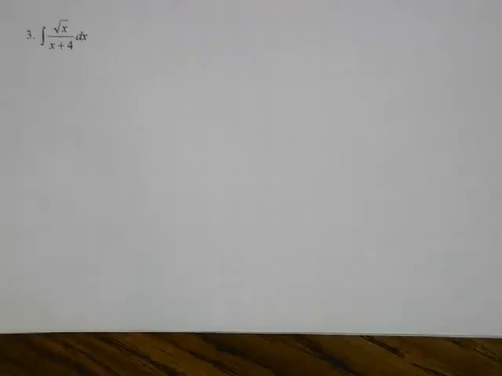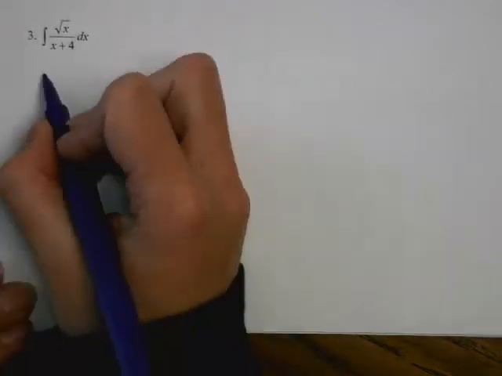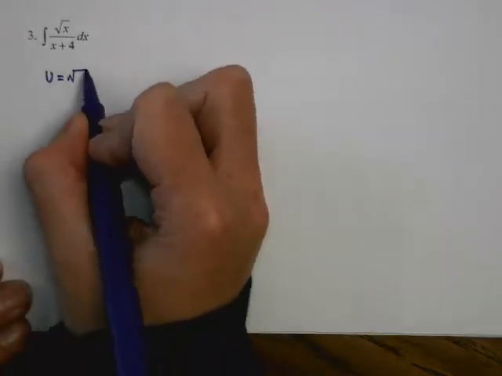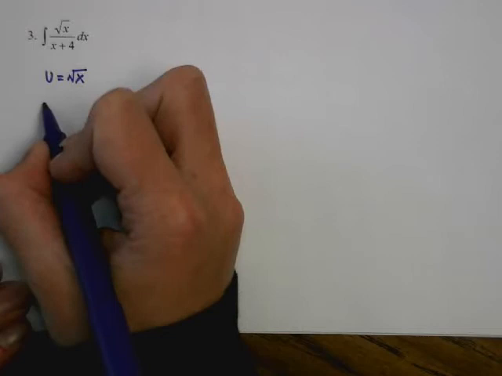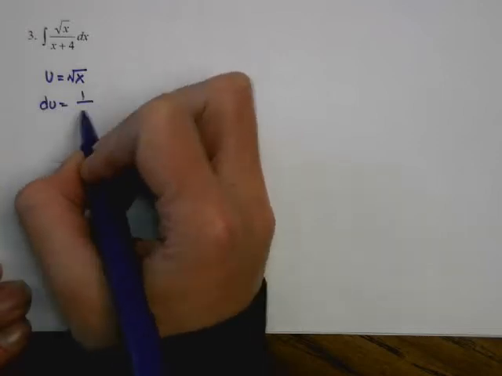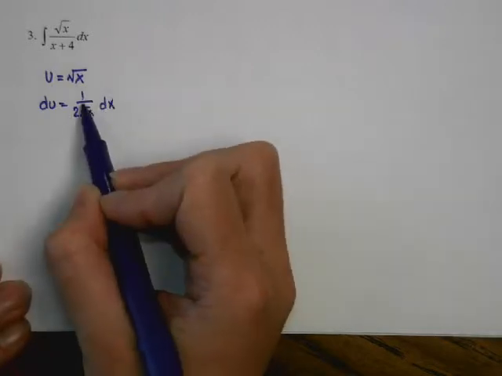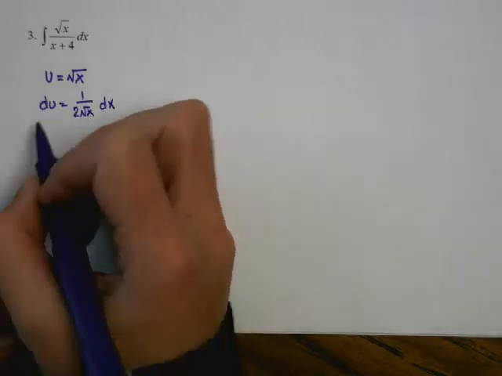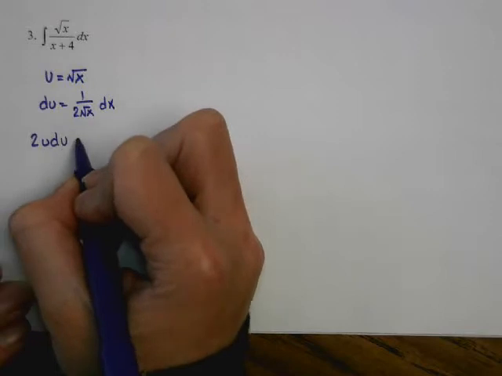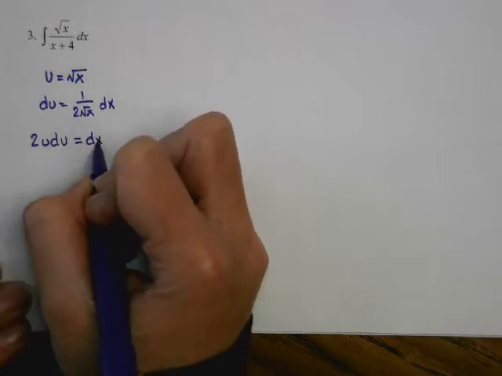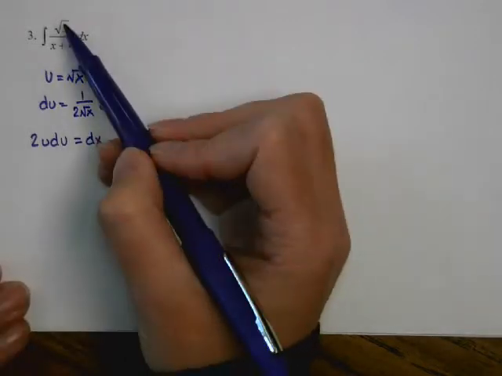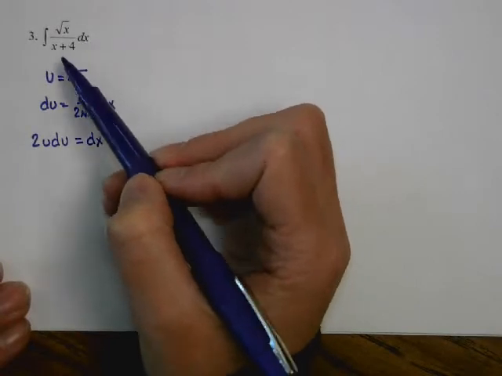Alright, so this next one, again, we have this pesky radical that we'll get rid of by making a substitution. So du is 1 over 2 root x dx, and I'm going to do the same thing. This is going to get replaced with u, and I'm going to multiply it over. Okay, so that's going to take care of that and that.